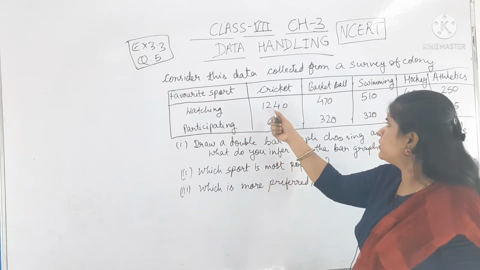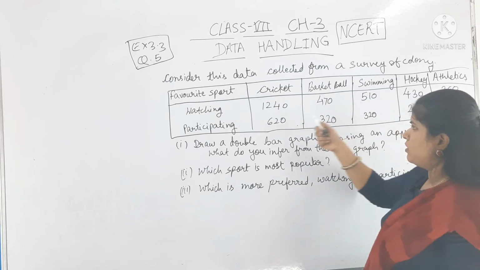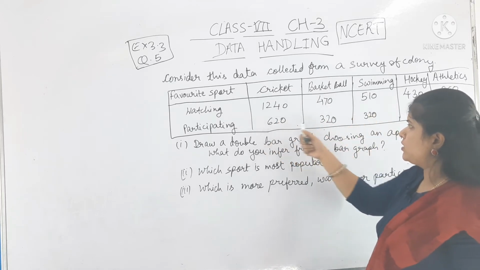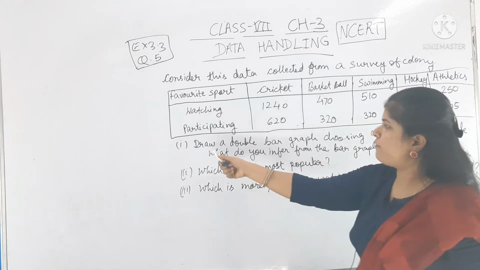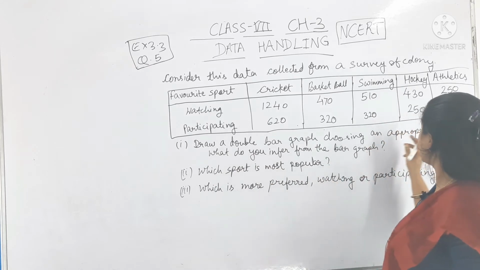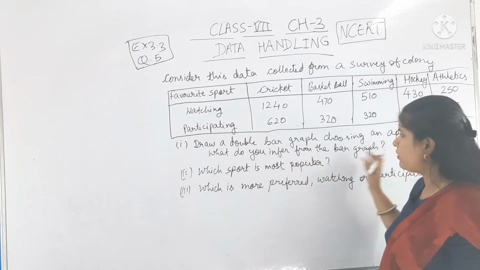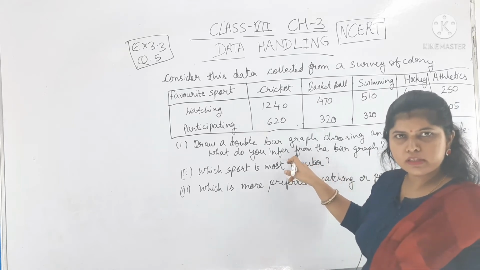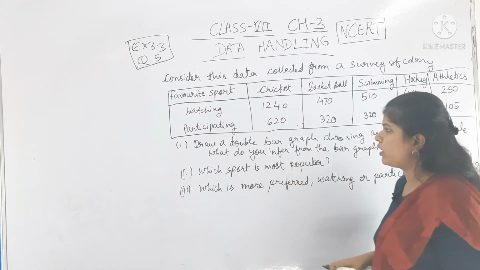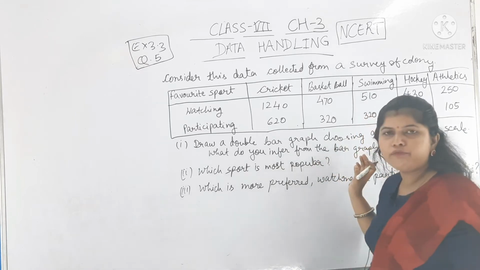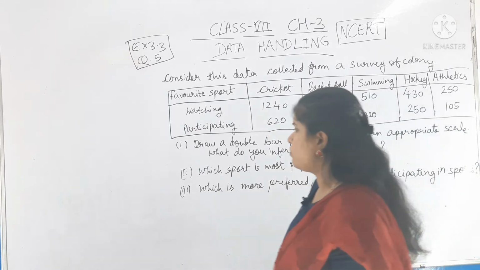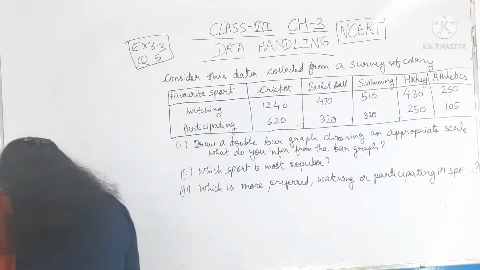So these are the number of people watching, and here it is participating. We have to draw a double bar graph choosing an appropriate scale. What do you infer from the bar graph? Infer means information. So what information will we get from this bar graph? We will draw this double bar graph here.